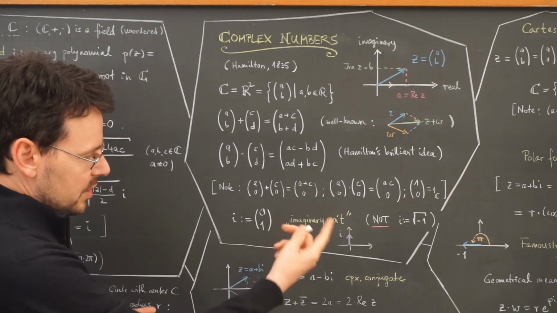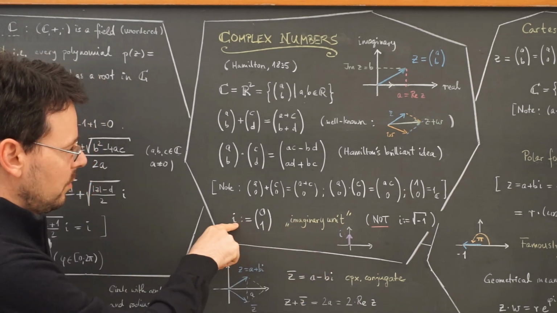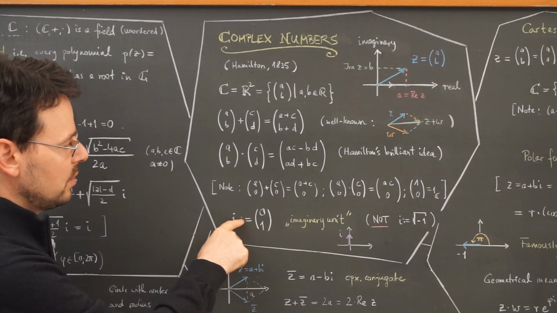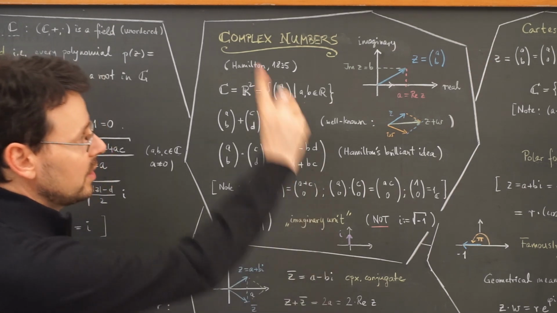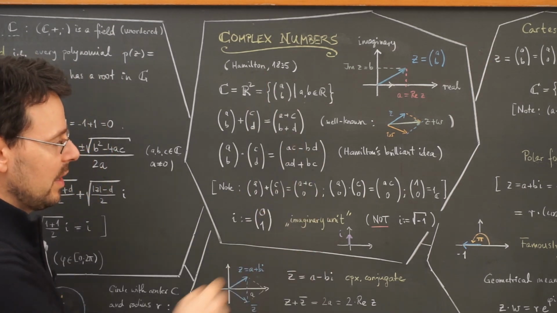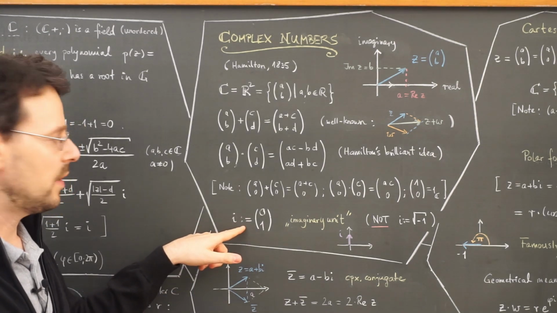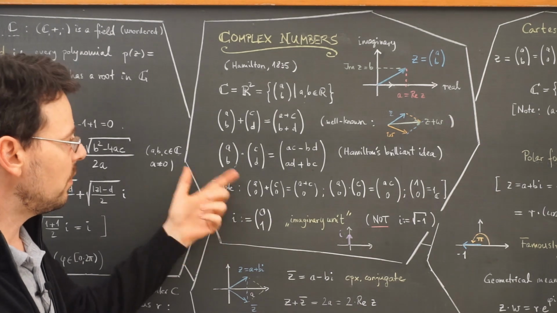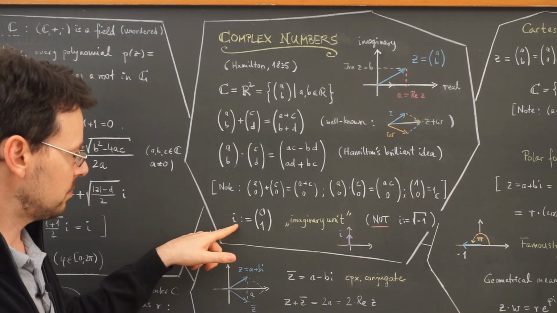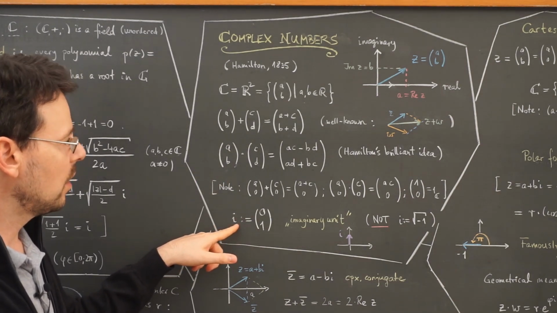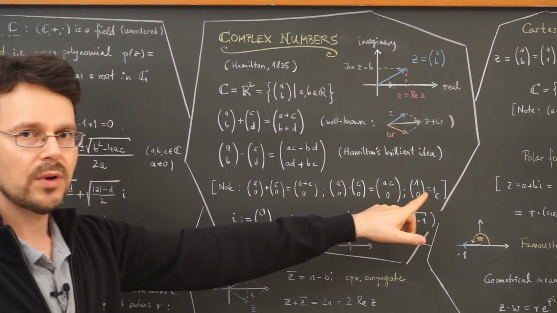But this notation stuck till today, so we denote this vector (0, 1), so the vector pointing in the imaginary direction with length 1, by i. And this complex number has the very important property that if I square it, which means multiply it by itself, it becomes -1.